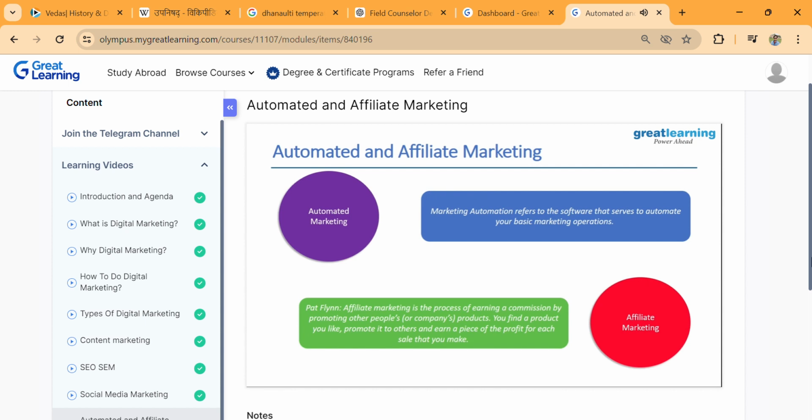Each time somebody clicks on that link and buys that product or downloads that app, Ashish Chanchlani gets a particular share of money from the promoter. Whoever is promoting that app will pay Ashish Chanchlani a share for that click. So this is what affiliate marketing is, and this is how you go about doing it.